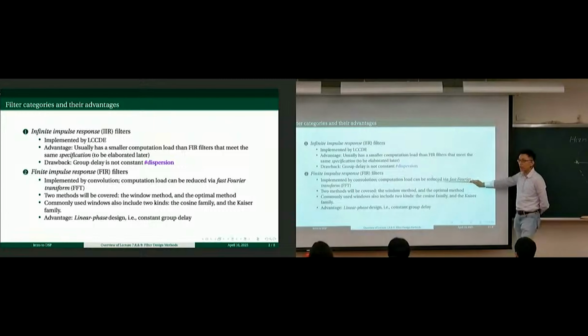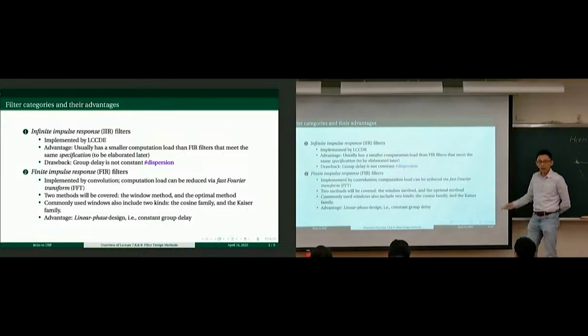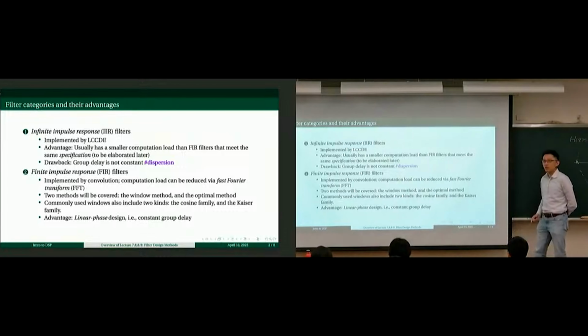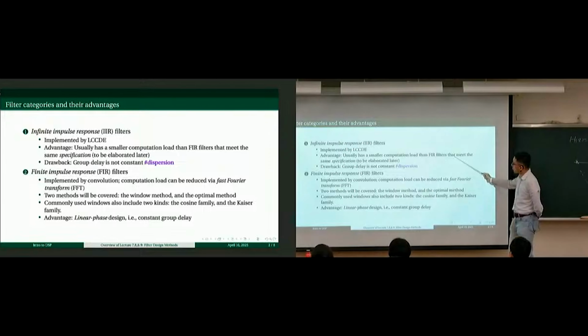If you're not allowed to accelerate, then IIR usually is more efficient. Save the earth, save the energy, save your chip area, save everything. IIR is usually more computationally efficient.